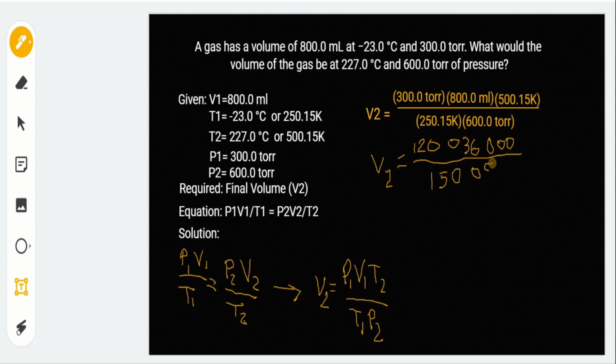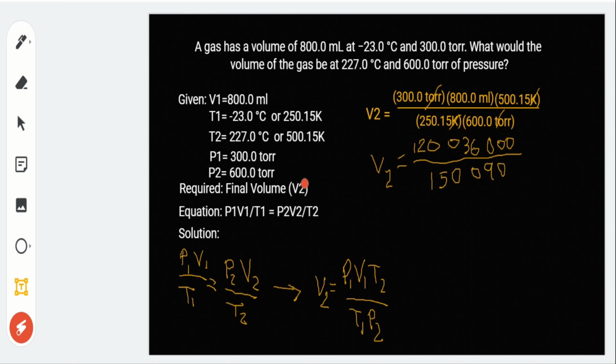So obviously the unit torr, or pressure, will cancel, and the unit Kelvin will also cancel. So the remaining unit is milliliters. Okay? So let's get the ratio: 120.36 million divided by 150.90.